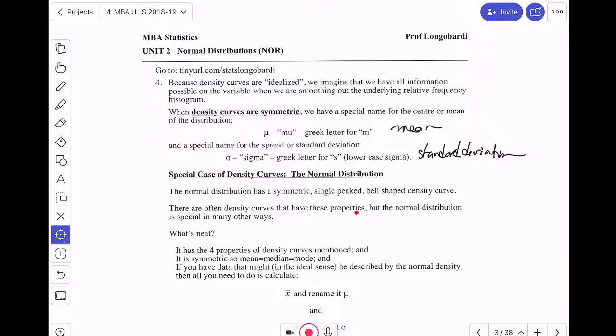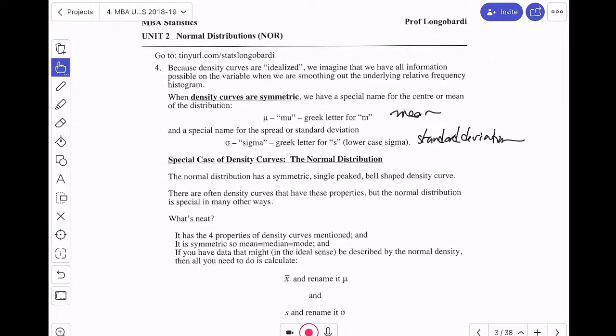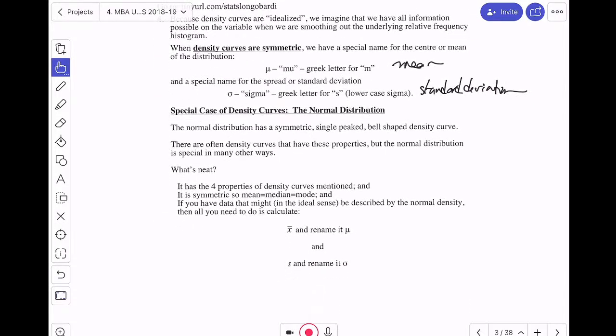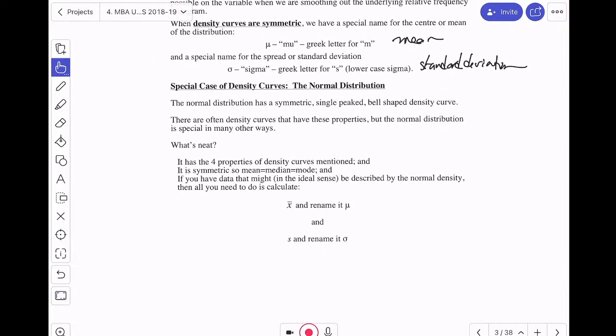And because it's a symmetric distribution, I name them particularly mean and standard deviation, because those are the parameters for a symmetric distribution. That doesn't mean that if someone gives you a mean and standard deviation the distribution is symmetric. You always need a graph, right?